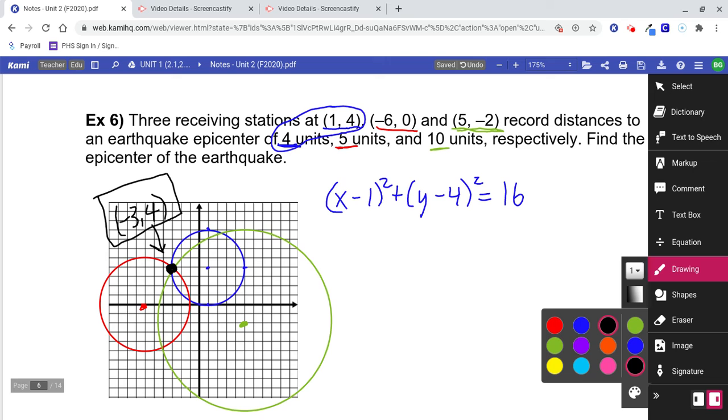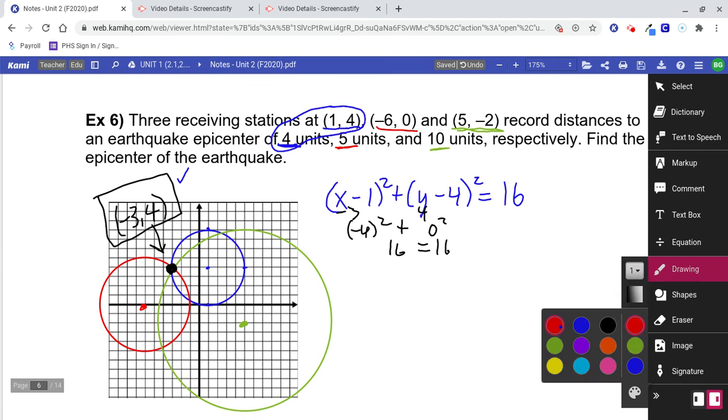If I plug in -3 and 4, I would get -3 minus 1 is -4, squared. And then over here, 4 minus 4 is 0, squared. That should equal 16. Well, that's 16. 16 plus 0 equals 16. So what that tells me is that the point (-3, 4) is on the blue circle.